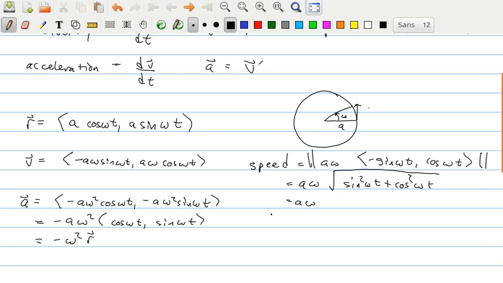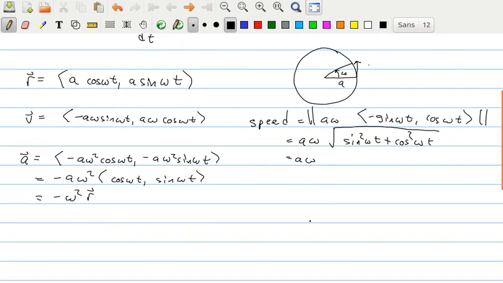So what that says is, if we were to sketch out on this picture, we know that the position function is given by this point. Let's make it sort of on the corner of this area right here. So our position is along this angle right here. There's our position function. The velocity we can see is moving along in this direction, and our acceleration is pointing in the opposite direction.